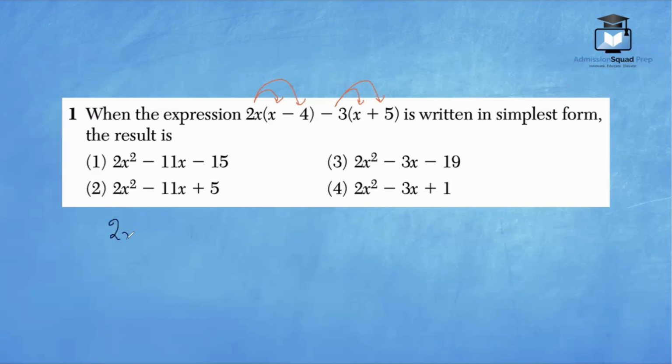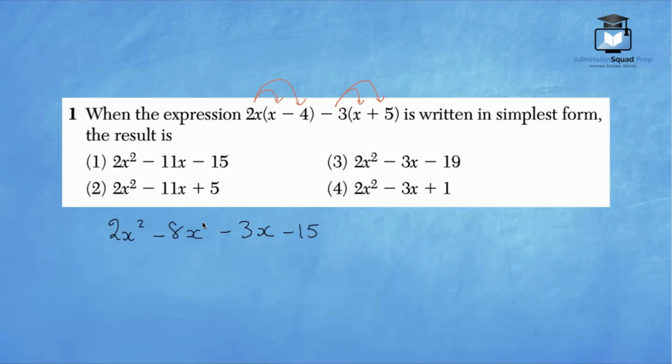We have 2x squared minus 8x minus 3x minus 15. Be very careful here. I actually allow the 3 to be operating as a negative 3. So we're multiplying negative 3 times positive x, which gives us negative 3x, and negative 3 times positive 5, which gives us negative 15.